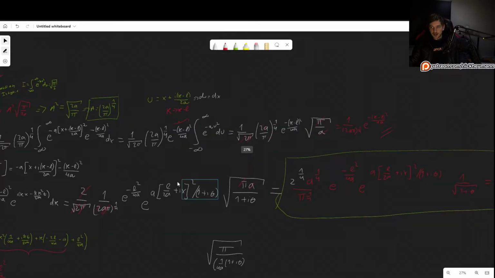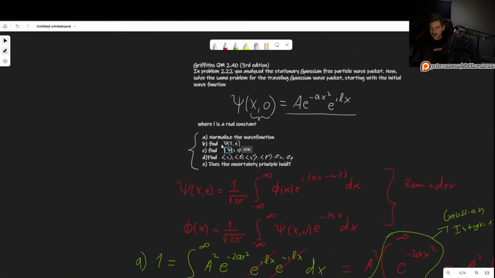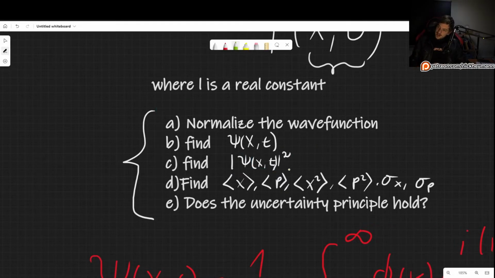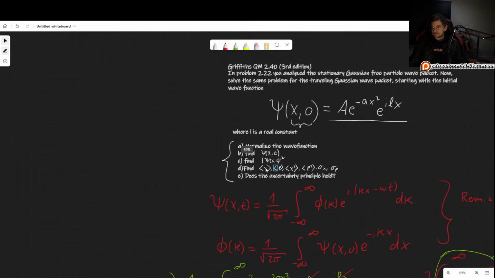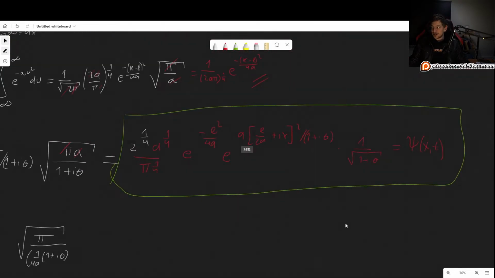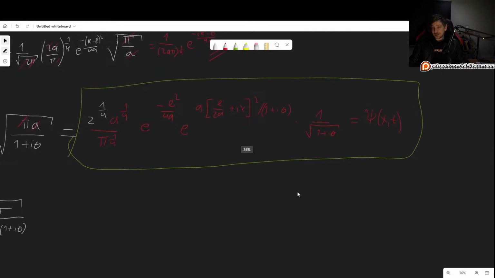So the next part in the problem: we finally found psi of x comma t. Now we want to find its modulus squared. So let's get to it. We know how to do it. It isn't difficult. In principle, it is simple. Maybe it's not easy, but it is simple. So the modulus squared is going to be psi conjugate times psi.